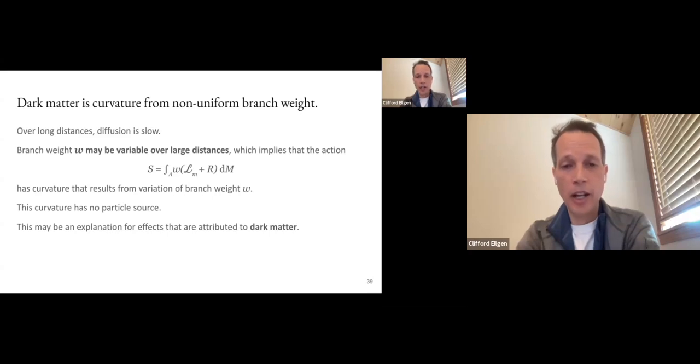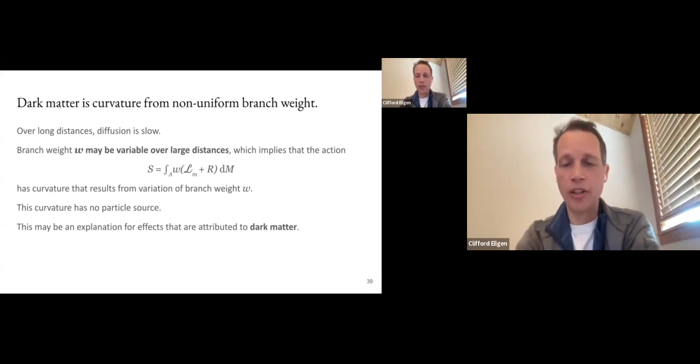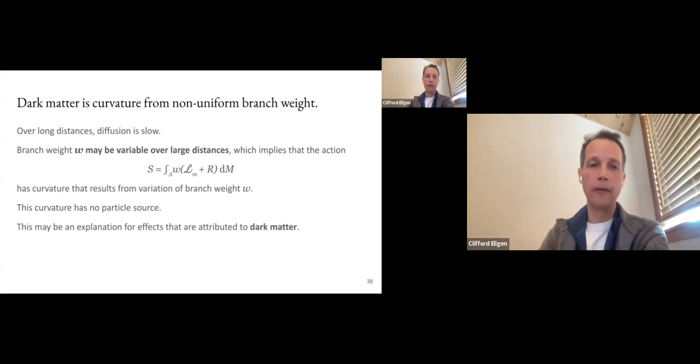And this may be an explanation for effects that are currently attributed to dark matter. So over short distances in this description, general relativity is a very, very close approximation of the dynamics that we expect to see. And over large distances, we're going to see curvature that has no particle source that may explain dark matter.